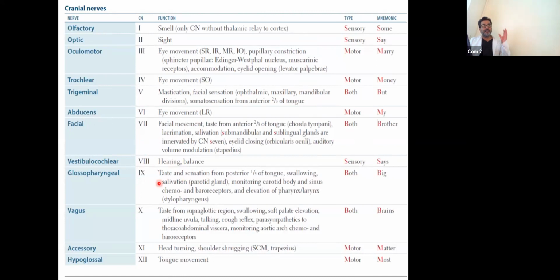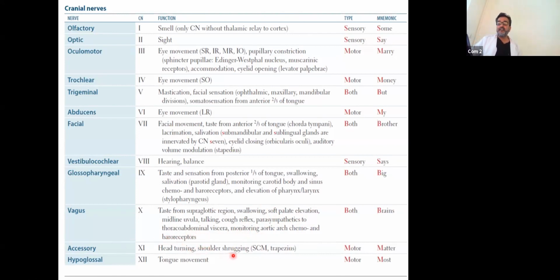Glossopharyngeal nerve supplies the sensory supply to the pharynx and the posterior one third of the tongue, and it also gets taste sensation for the posterior one third of the tongue. It is responsible for supplying parasympathetic supply to the parotid gland. Vagus, it is for the taste for the supraglottic region, swallowing, soft palate, talking, cough reflex, parasympathetic to thoracoabdominal viscera, and monitoring aortic arch and chemobaroreceptors.